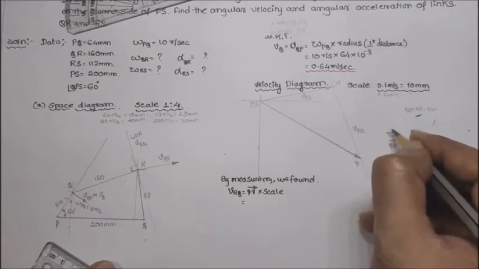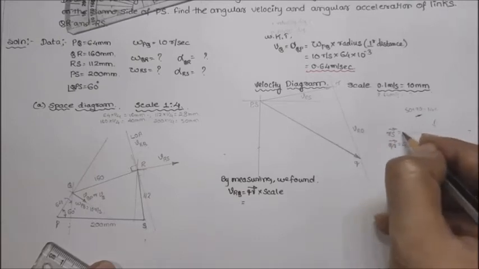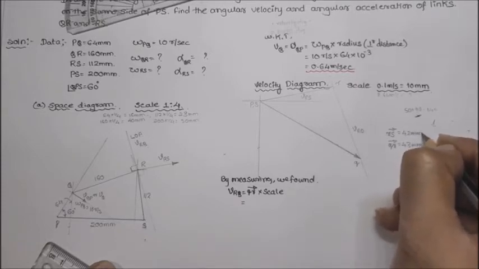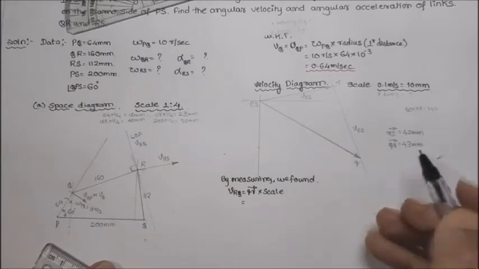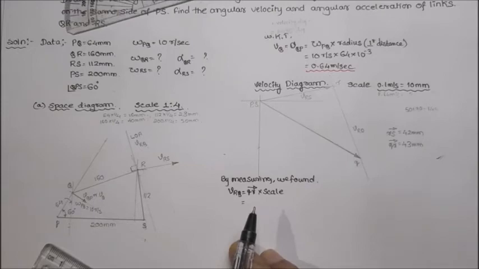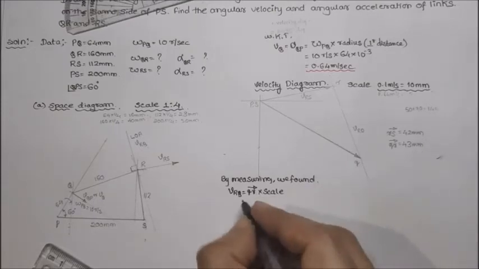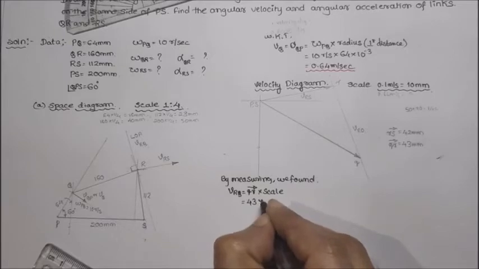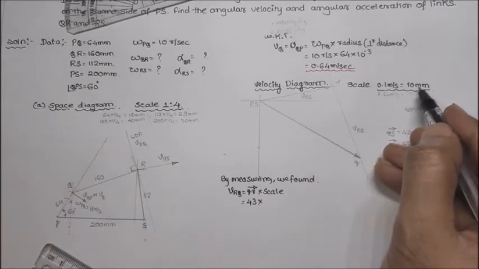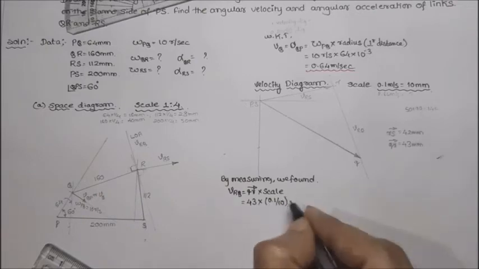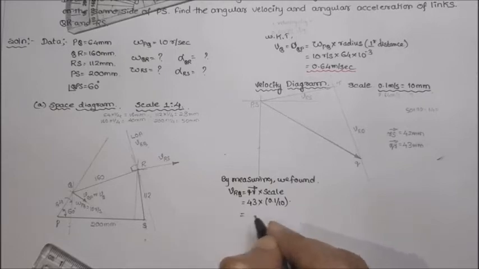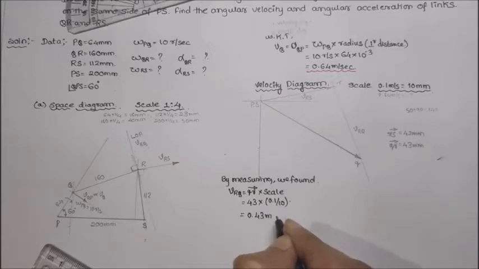So qr we have measured as 43 mm, 43 into scale. Scale is this one, that is 0.1 divided by 10. So here value will be getting around 0.43 meter per second.